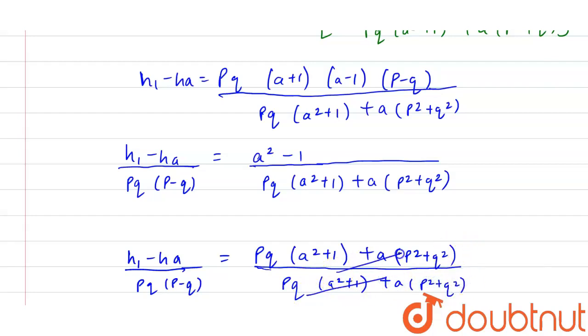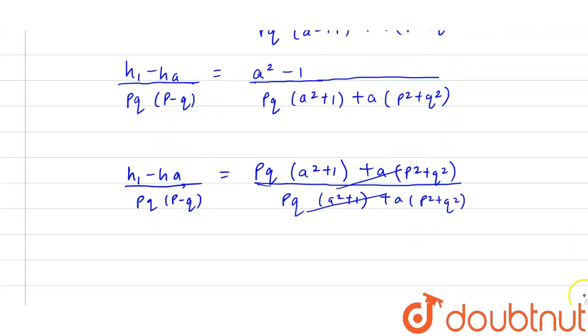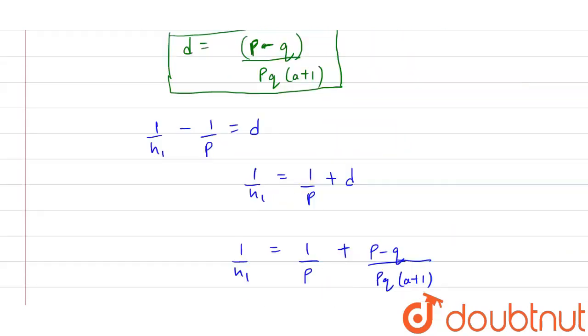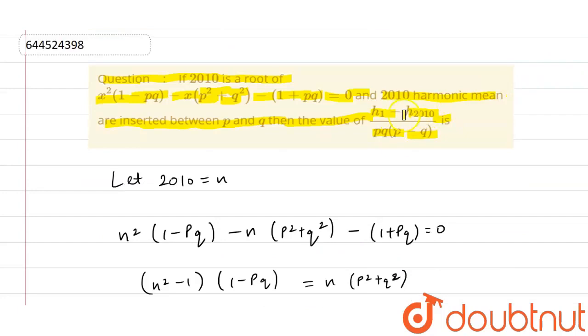So these both terms cancel out. So we get h1 minus ha divided by pq multiplied by p minus q equals 1. So our final answer to this question is 1, because we have to find the value of h1 minus ha divided by pq into p minus q.